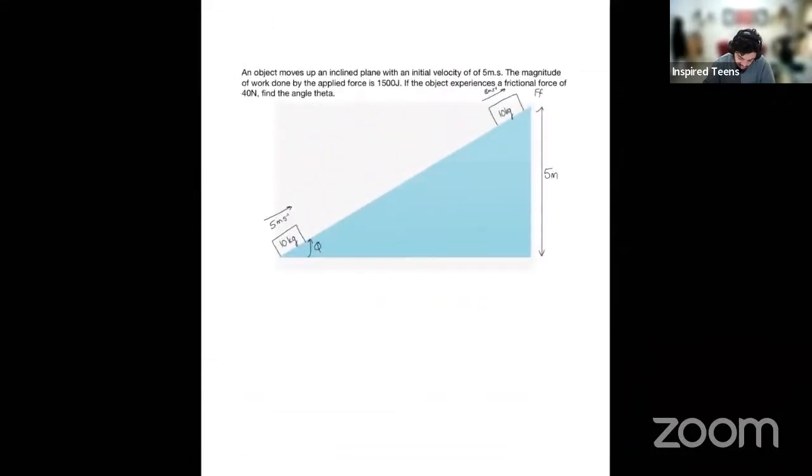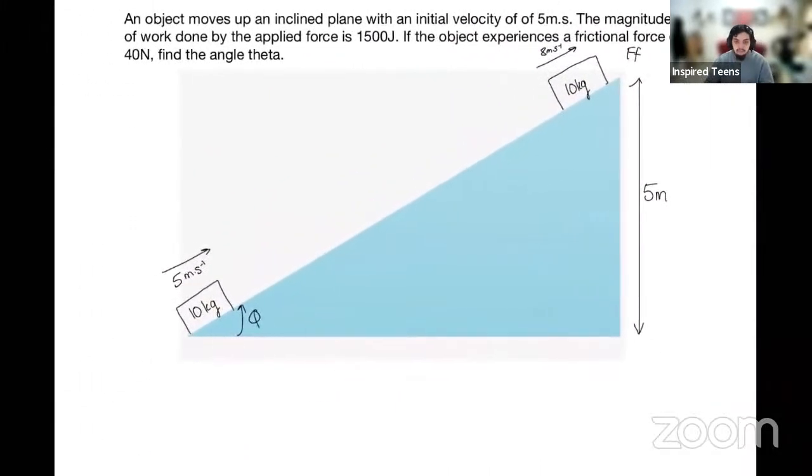Let's do this question here. An object moves up an inclined plane with an initial velocity of 5 meters per second. The magnitude of work done by the applied force is 1,500 joules. If the object experiences a frictional force of 40 newtons, find angle theta.